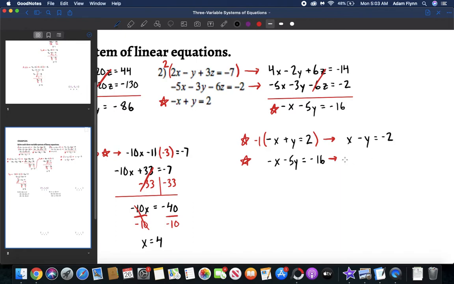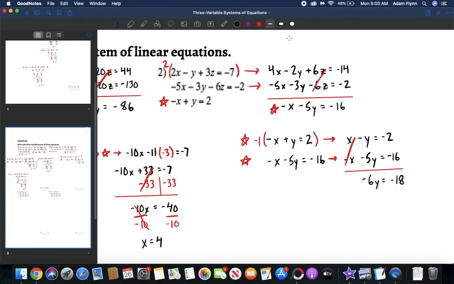My bottom equation doesn't change. I've got negative x minus 5y equals negative 16. So time to combine. When I do that, my x's are going to eliminate, and I am left with negative y minus 5y, which is negative 6y, and negative 2 minus 16 is going to be negative 18.